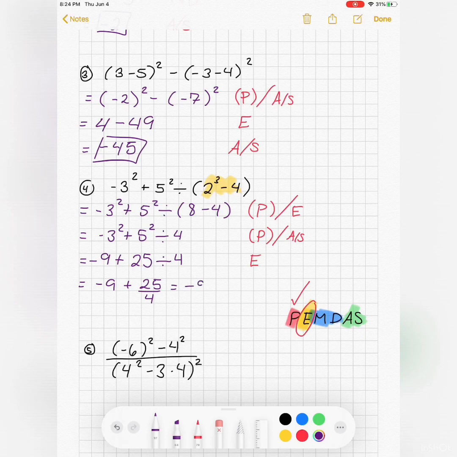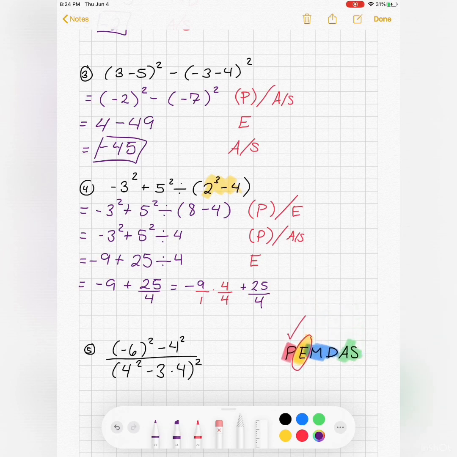So here, a common denominator. So I actually multiply the 9 there by 4 over 4. So far I'm just simplifying. I haven't actually done my addition yet. So let's see, I multiply straight across.